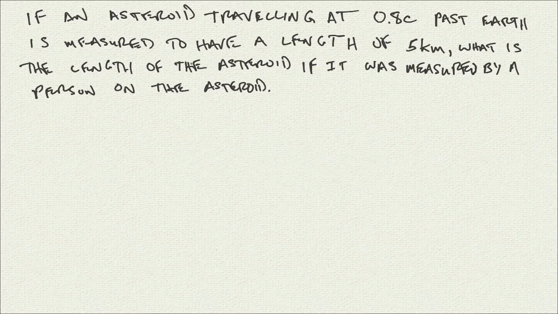Okay, so to solve this problem, notice that we're going to have to use the 5 kilometers. What is that? Who measures this 5 kilometers? So that's measured by a person on Earth. So if this is the asteroid and it's 5 kilometers, it's measured by a person who is looking at it from Earth.